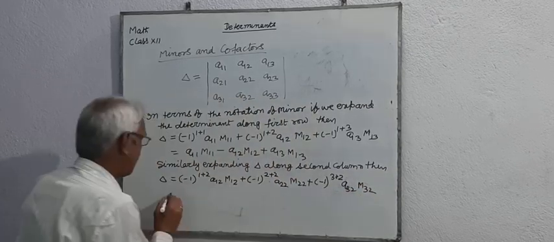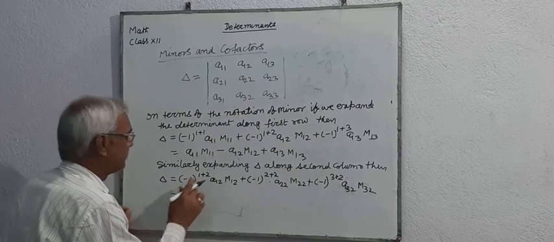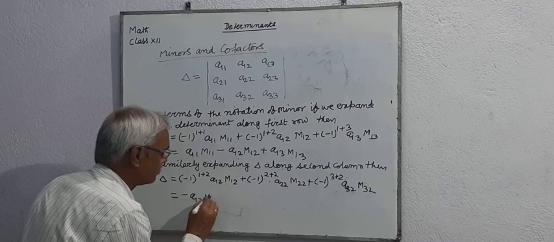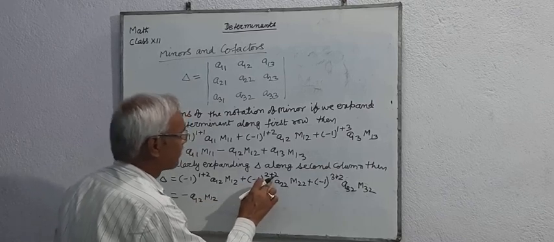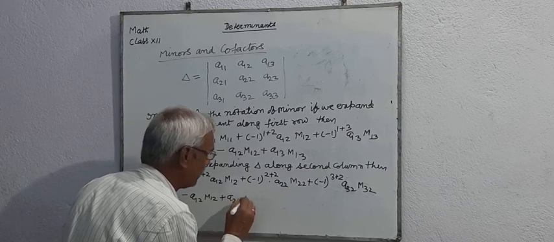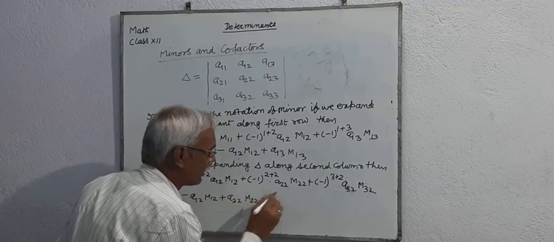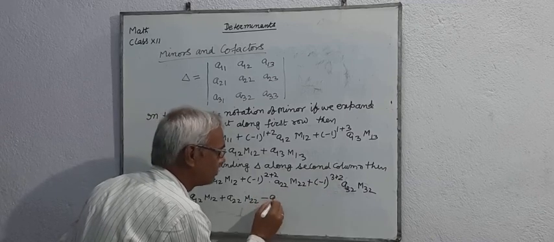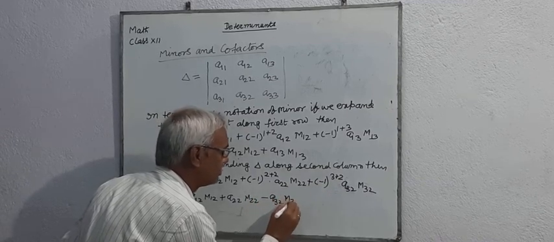On solving, minus 1 to the power 3 is negative, so minus a12 M12; minus 1 to the power 4 is positive, so plus a22 M22; minus 1 to the power 5 is negative, so minus a32 M32.